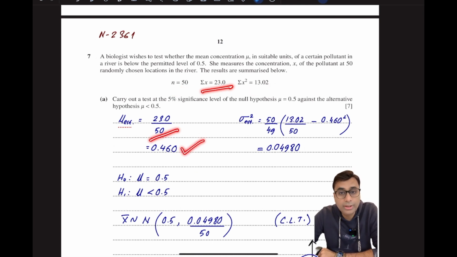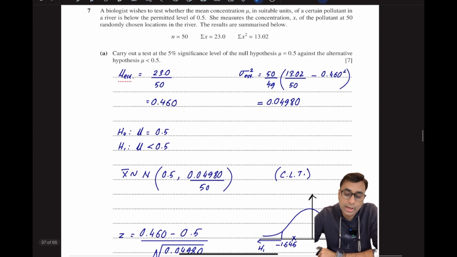I will calculate the mean of the sample and I can estimate that as the unbiased estimate of the mean of population. I can also calculate the variance of the sample, which is sigma x squared over n minus x bar squared, but I need to multiply it by n upon n minus 1 to turn it into an unbiased estimate of the population variance.